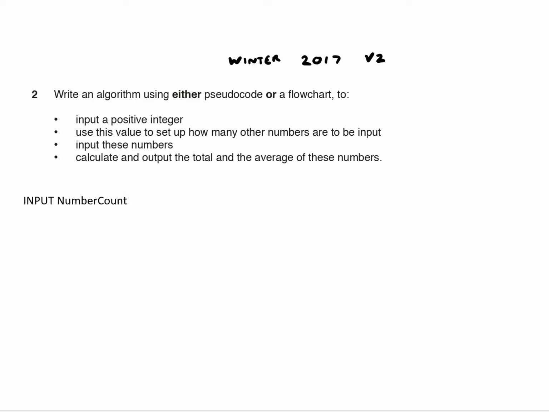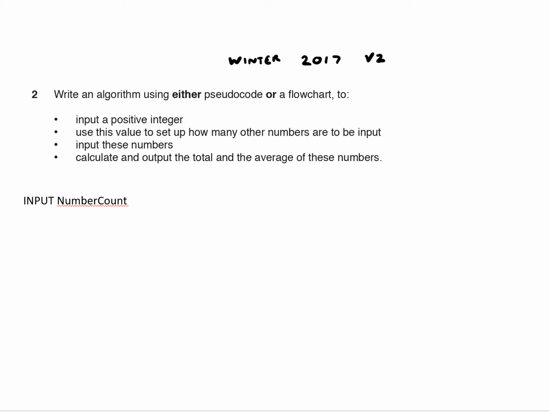This variable will hold the number of times that your loop will go round, essentially asking for a number. We also need some way of recording the results every time it goes around the loop.